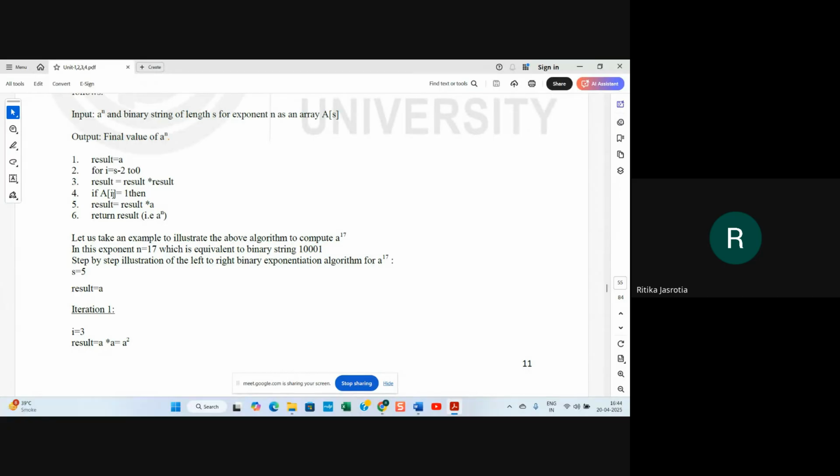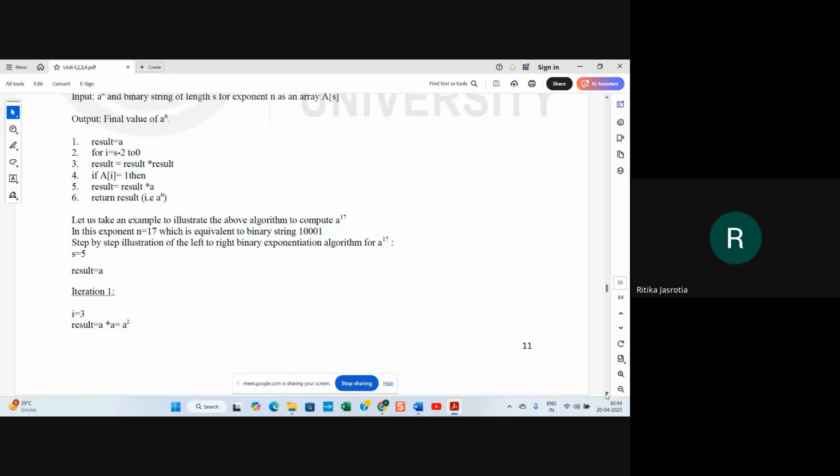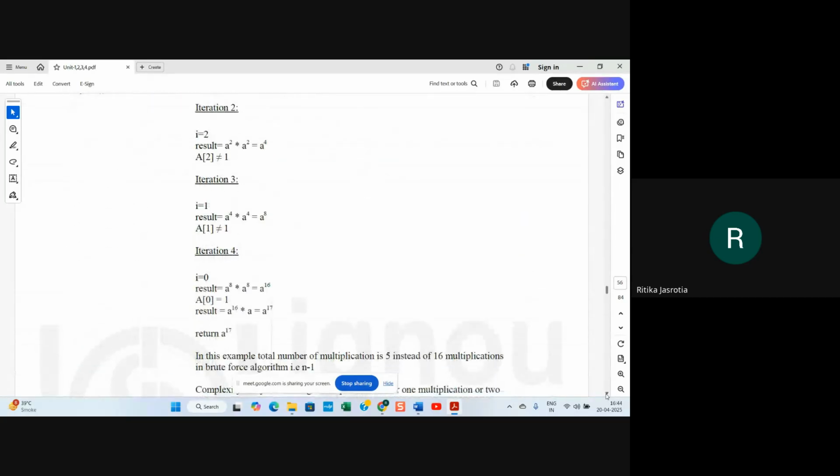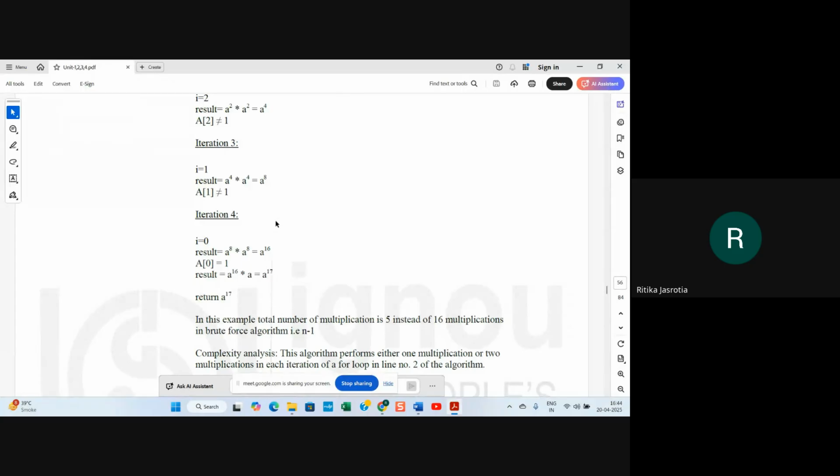Now you check if a_i is equal to 1, right? Then result is equal to result into A, they are saying, and return the result. So now they are saying a0 is equal to 1, right?